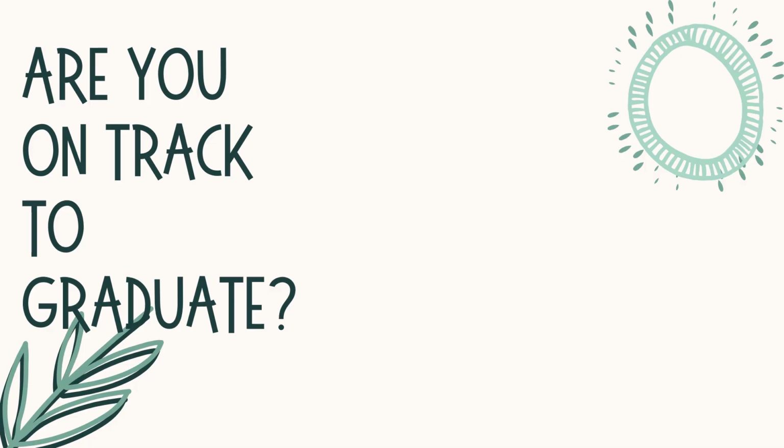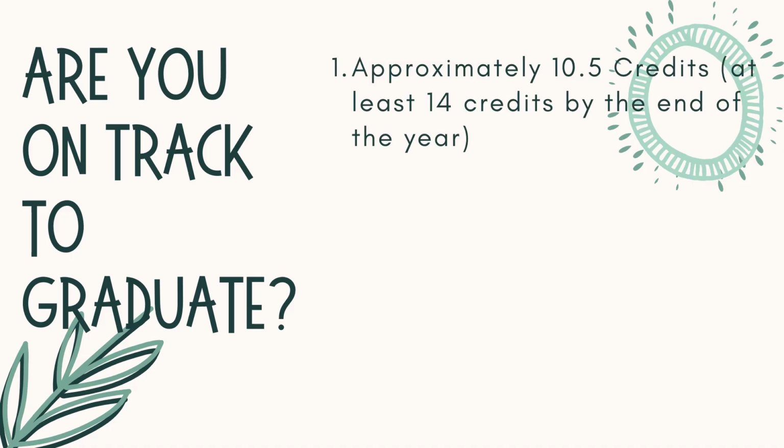Of course, it's also important to be sure that you're on track to graduate. At this point, you should have the following: approximately 10.5 credits and at least 14 credits at the end of the year. At least a 2.0 cumulative grade point average.